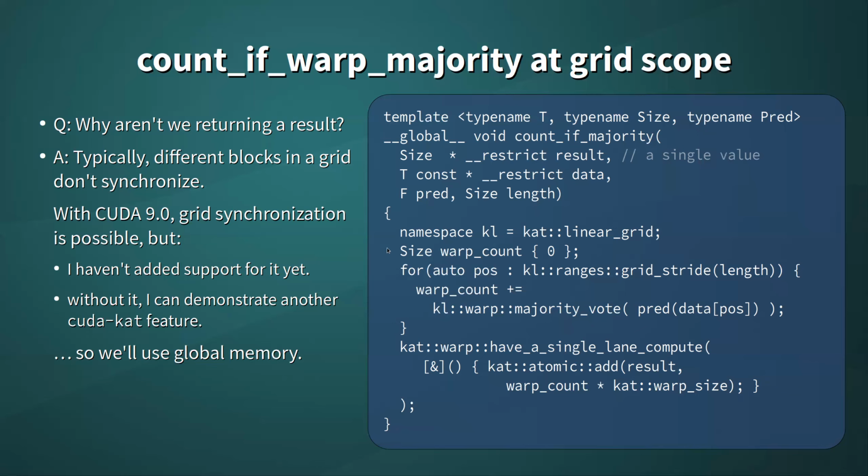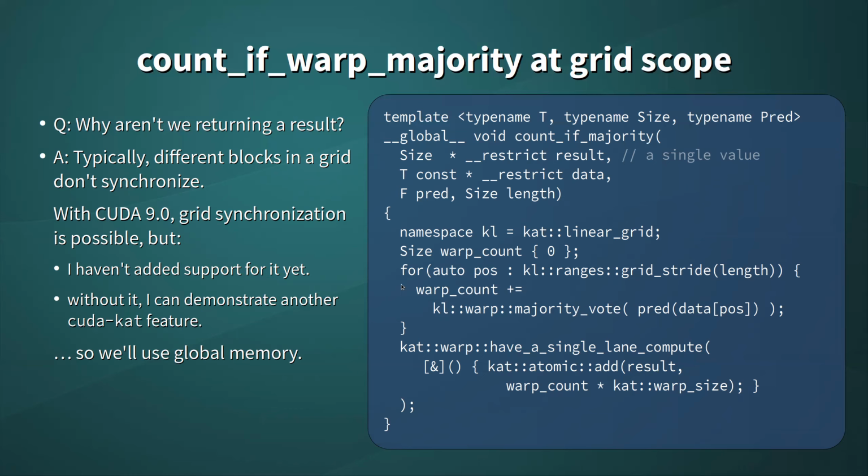And here's the implementation. We've gone back to using grid stride like in vector add. And we're doing the same warp level majority vote loop body that we had before. But now the sharing is different.